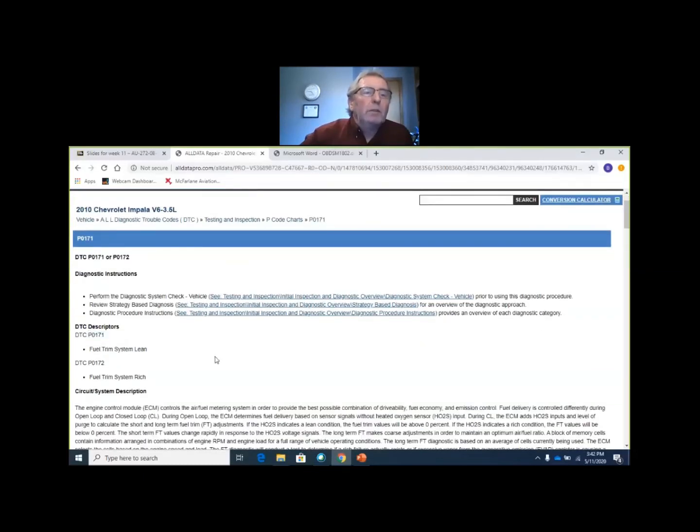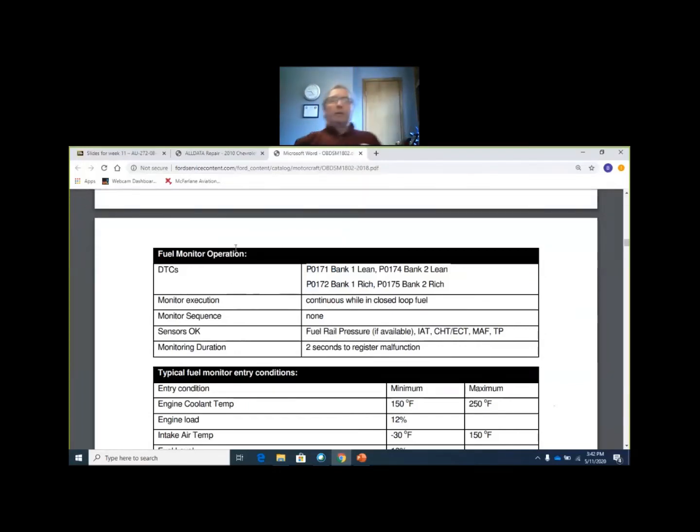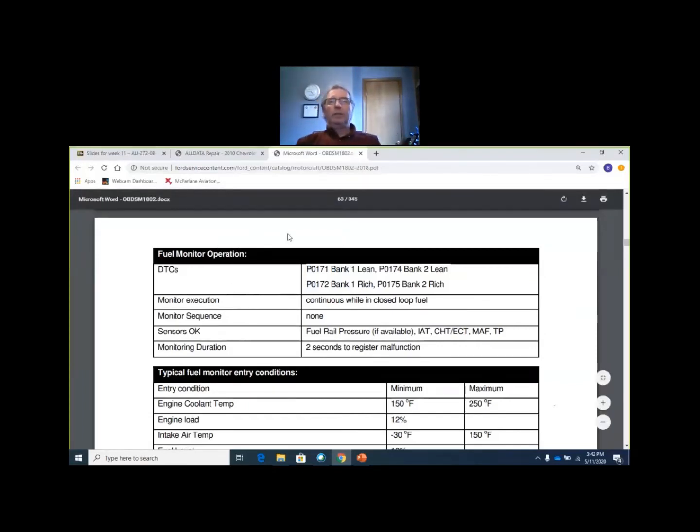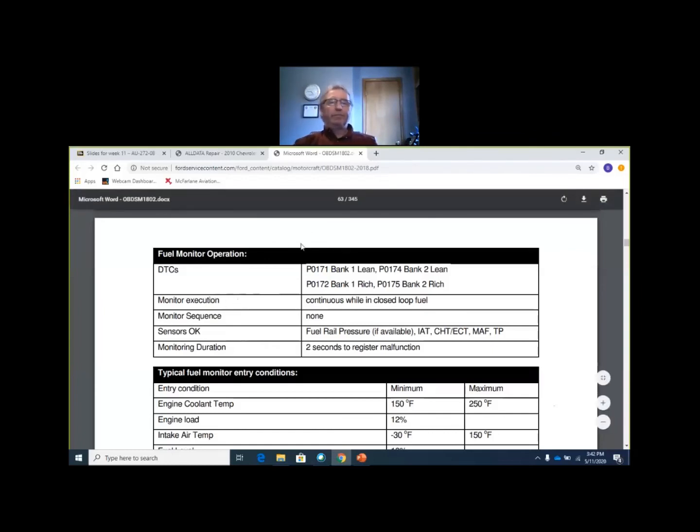Okay. So Bank 1 lean 171, Bank 1 rich 172. I guess that does kind of match what we got. Bank 1 lean 171. Okay. My apologies. They were right. This is why I like to look things up. Don't rely on my memory. It's not good.